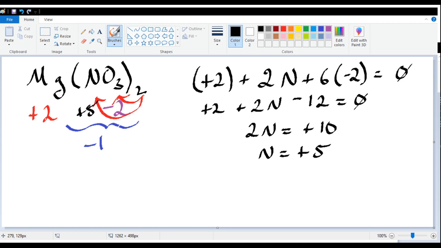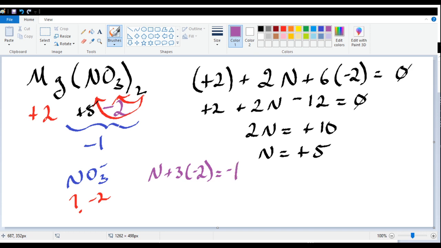The other is to just look at the nitrate by itself. So nitrate is NO3 minus. Oxygen is still negative 2. Nitrogen is question mark. So in that case, nitrogen plus our 3 oxygens is equal to negative 1.